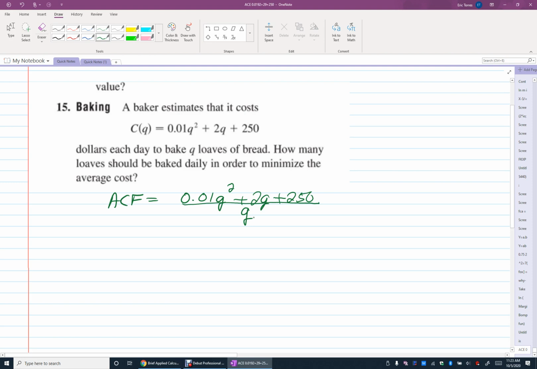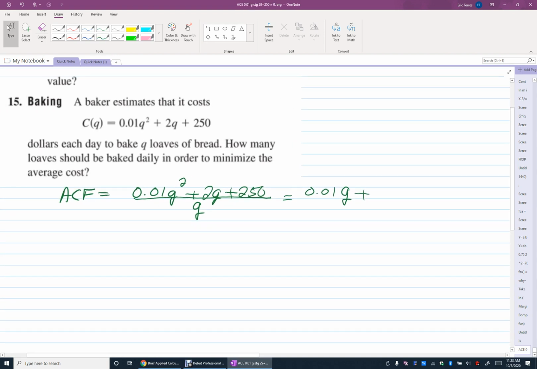And I could rewrite this, and I shall. 0.01Q plus, I'm going to put the 250 in front because it's 250 over Q, which I'm going to write as 250Q to the negative 1, plus 2Q divided by Q is just 2. This is my average cost function. And I want to minimize this function.